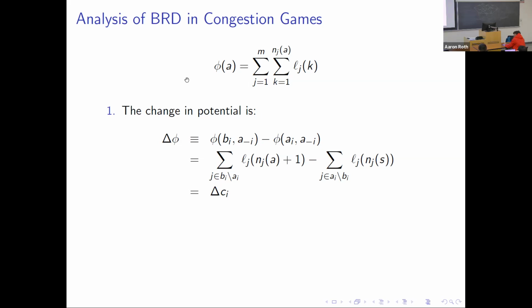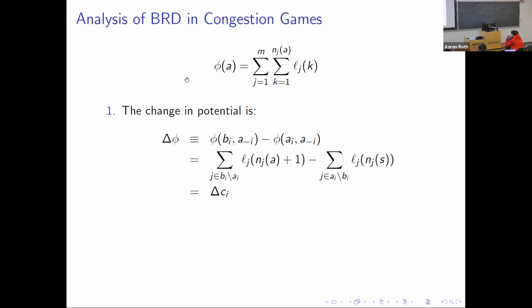There's facilities that I was not playing on in A, but I am playing on in B. What's the change in potential going to look like as a contribution from that facility? Well, previously for that facility, we were summing from k equals 1 to nj of A, the number of players on that facility. After the change, nj of A increased by 1. So we're now summing from k equals 1 to nj of A plus 1.